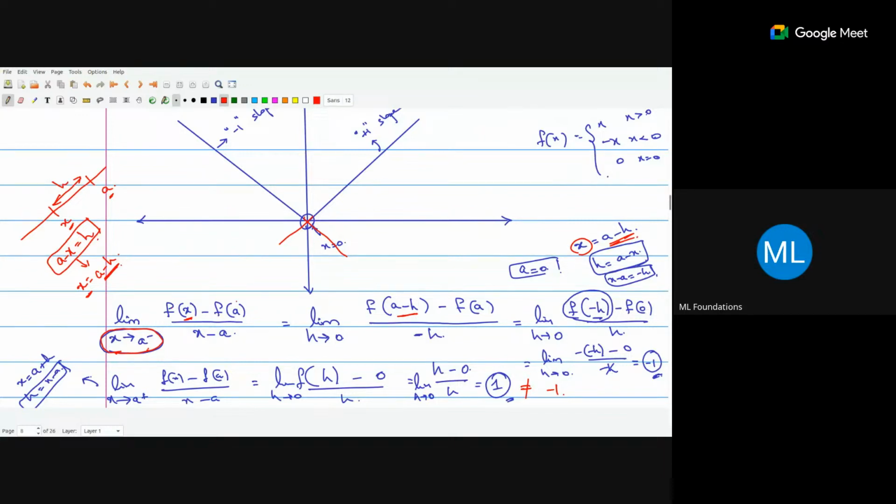Here also, when I substitute x equals a minus h, what will I get? A minus h minus a. This a and a will get cancelled, and in the denominator it will remain minus h.